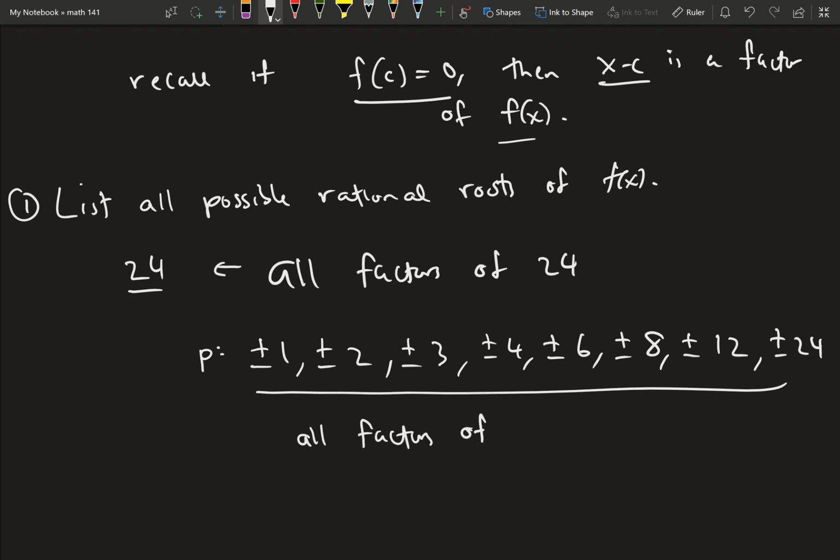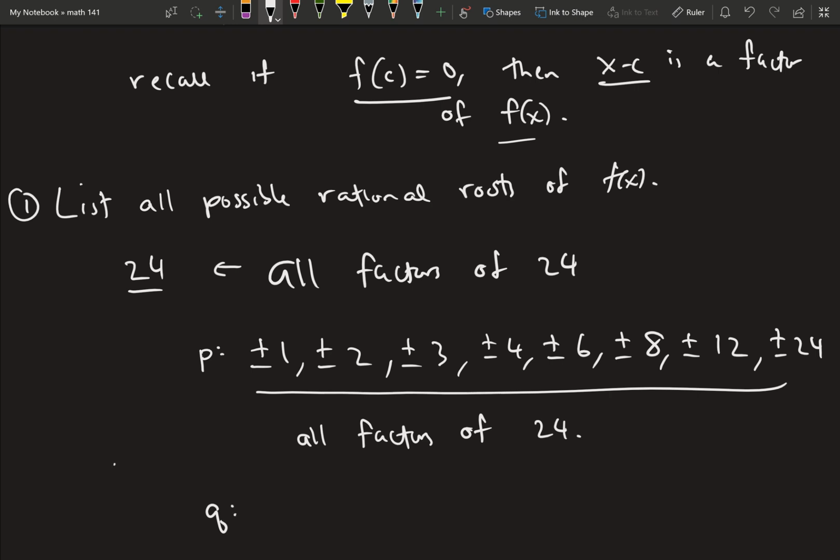factors of 24. Okay? So our numerator for our particular situation is going to be one of these numbers, and we'll just try them out one by one. And similarly, for the denominator q, how do we list all possible denominators?